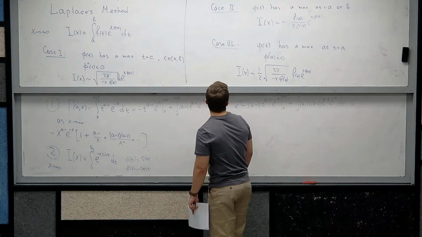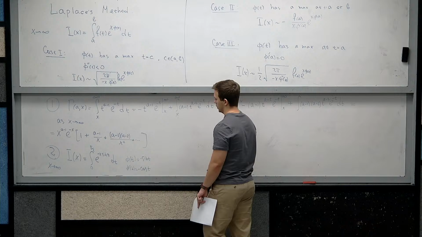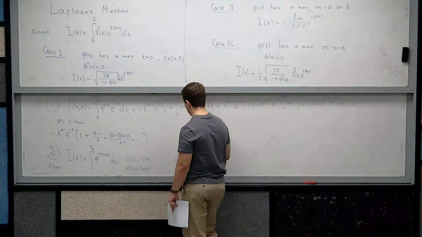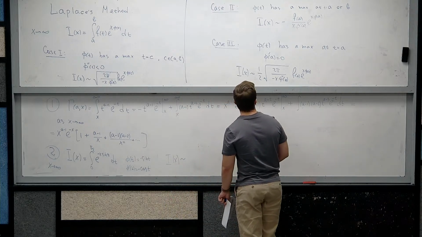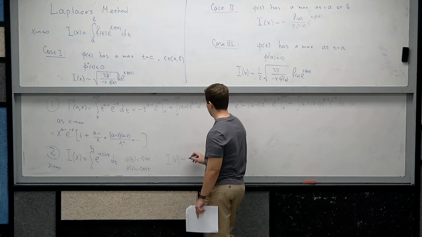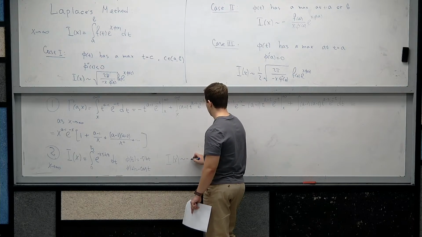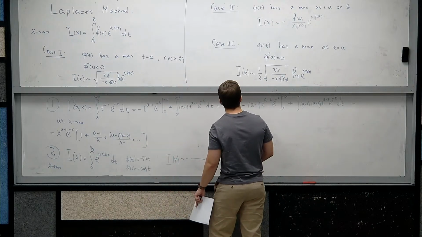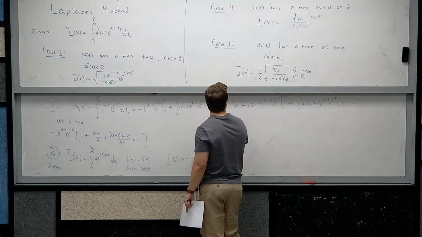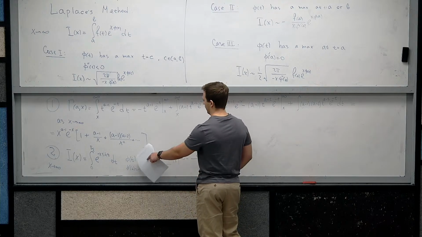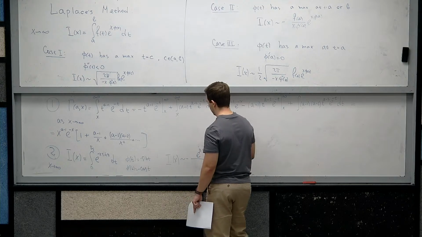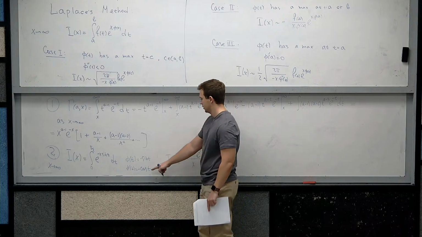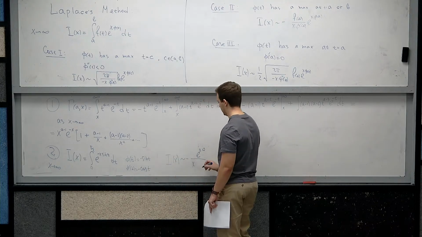Using this formula, we can write that this integral is asymptotic to: the function here is 1, so e^(x phi(0)), which is e^0, divided by x times the derivative at 0, which is minus 1.